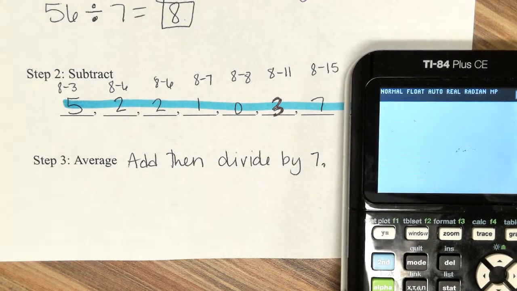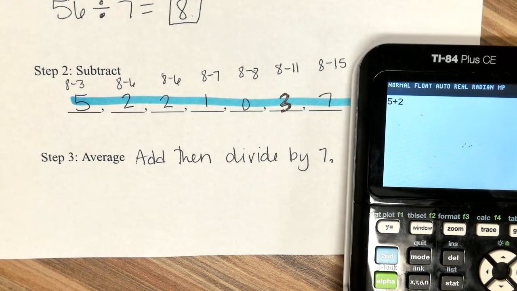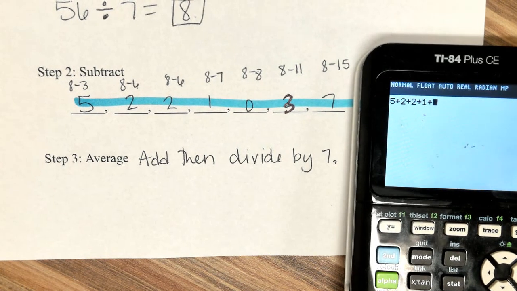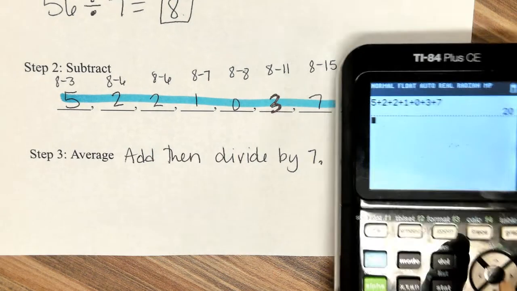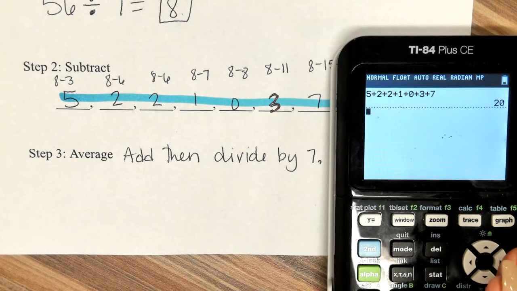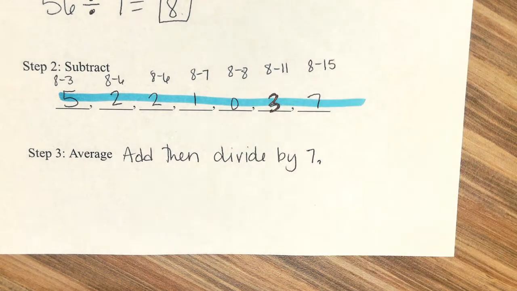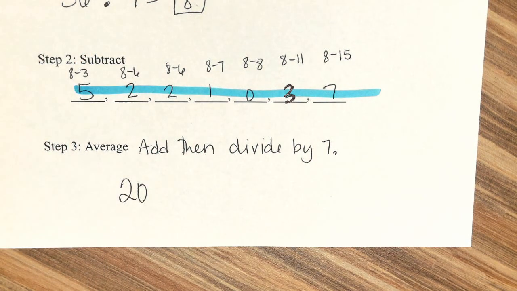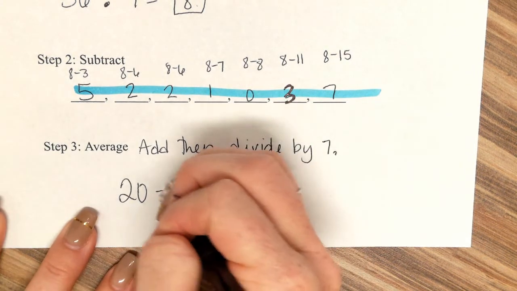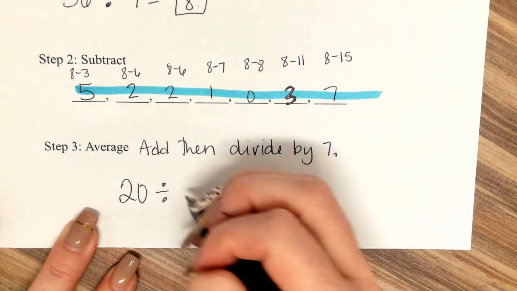All right, here we go. 5 plus 2 plus 2 plus 1 plus 0 plus 3 plus 7. When you added, what did you get? Is that your answer? Will that be an answer choice? Yes, it will. They love to trick us. But we know we still have to divide by 7.